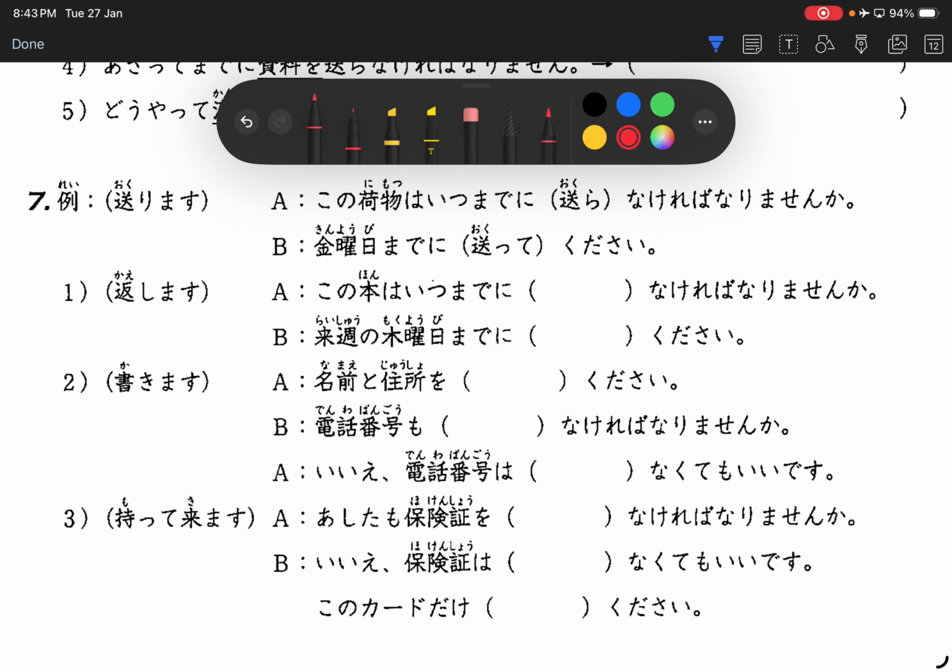Yes, I know it looks like group 3, but the group 3 only has three verbs. How to spot group 3? It's two kanji together plus shimasu, then it's group 3. The rest, one kanji and then shimasu, is likely group 1.